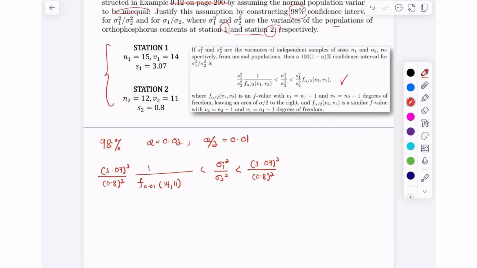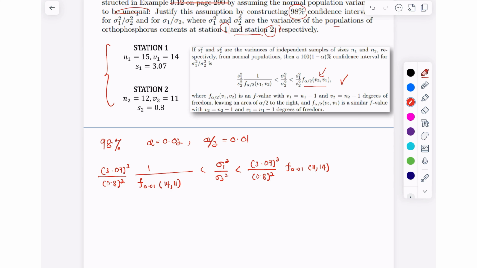At the upper bound, it has a different critical point. So it has F alpha over 2, that is F 0.01, and the degrees of freedom are swapped, so it is 11 and 14.